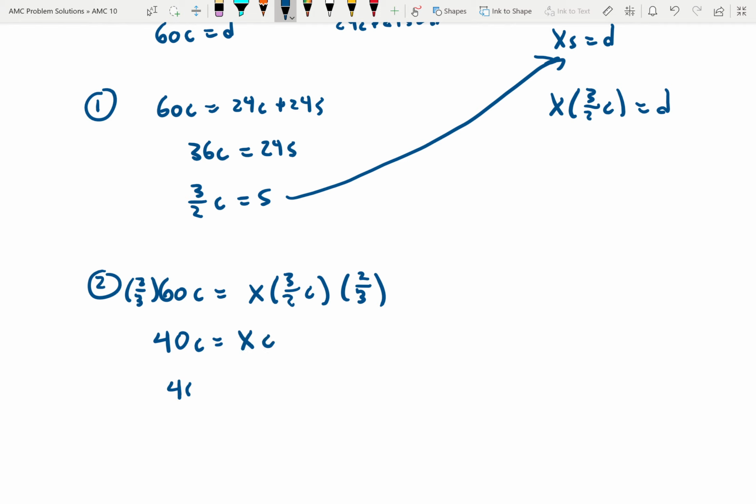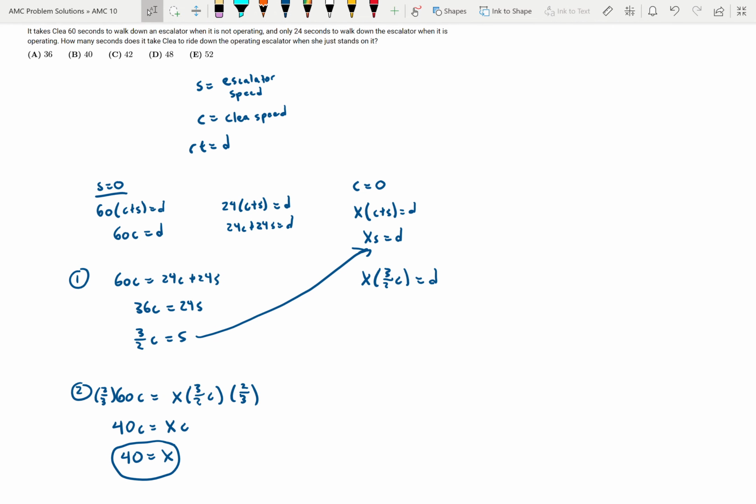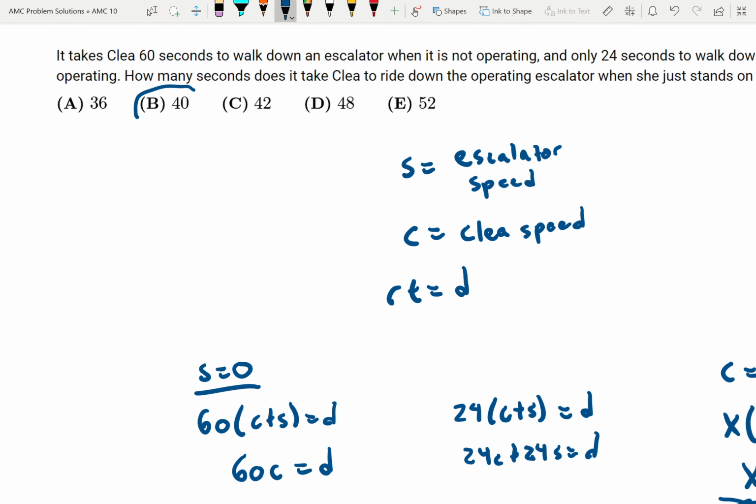Divide both sides by c, and we get 40 equals x. So in this third scenario, it should take her 40 seconds to go down the escalator when she just stands on it. So the answer is choice B.